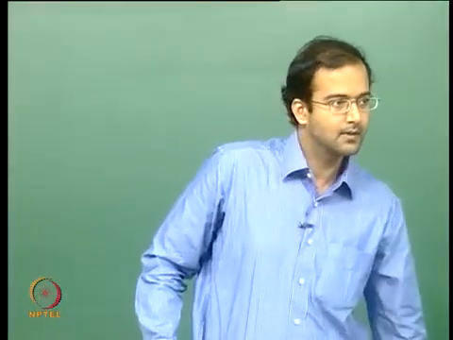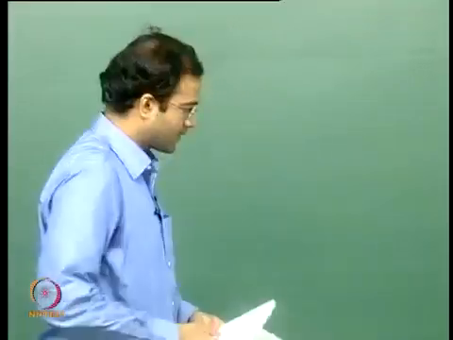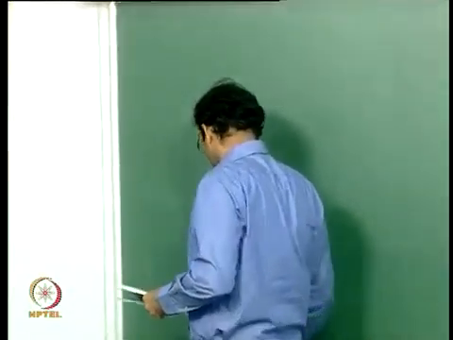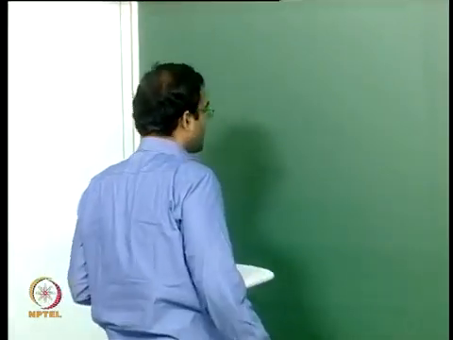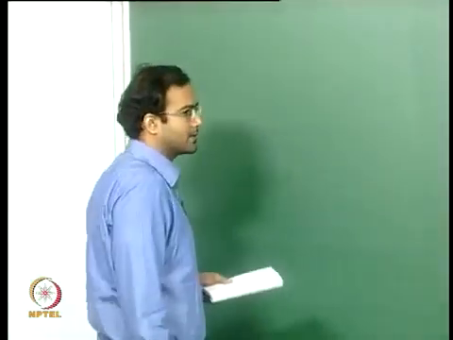So today what we will do is we will start with the derivation of some of these conservation equations. We will start with the continuity equation. For deriving the conservation equations, first we will define the control volume in space.